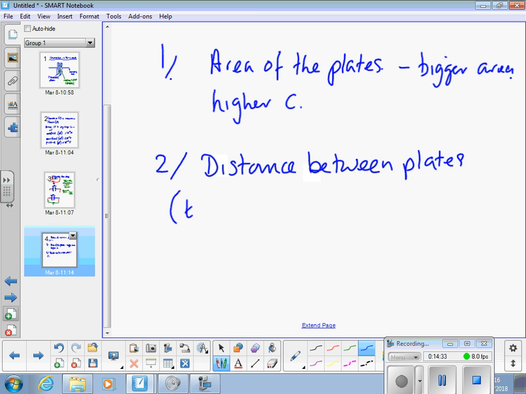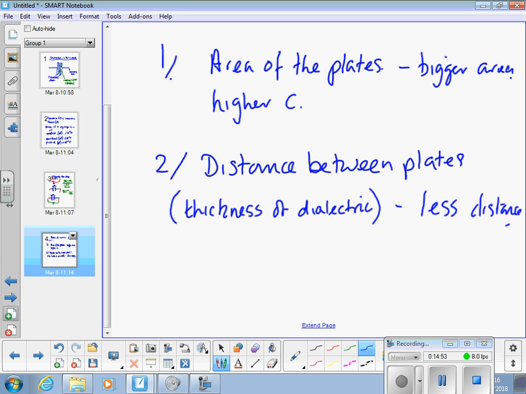I'll put that in brackets, thickness. Less distance, more capacitance.